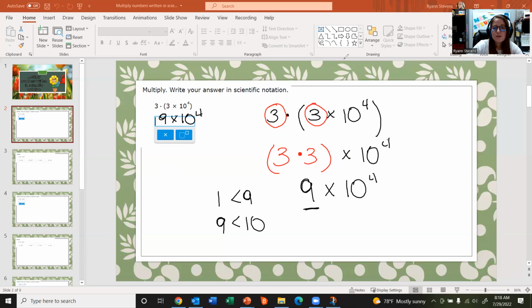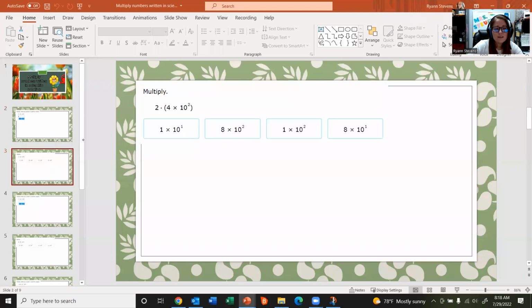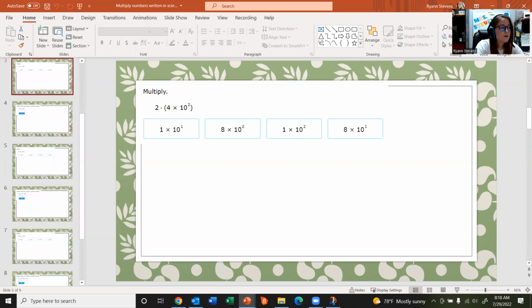Let's look at another one that's similar to this one. So this question, very similar, but now we kind of have some choices that we get to choose from. Okay, same thing applies with this one, is we want to make sure that our final answer is written in scientific notation. And we can use the associative property of multiplication to regroup those factors to multiply.